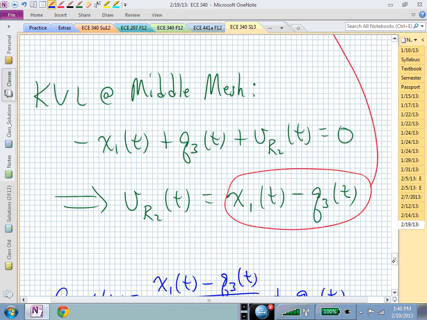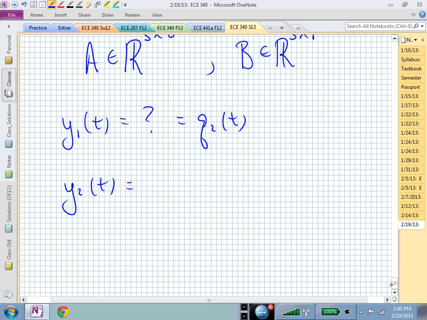That was just this beast, wasn't it? V sub r sub 2. And we just found that to be x1 minus q sub 3. Y sub 2 is then minus q sub 3 of t plus x sub 1 of t.